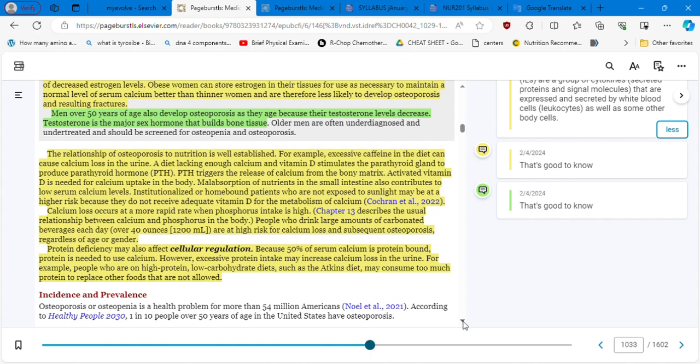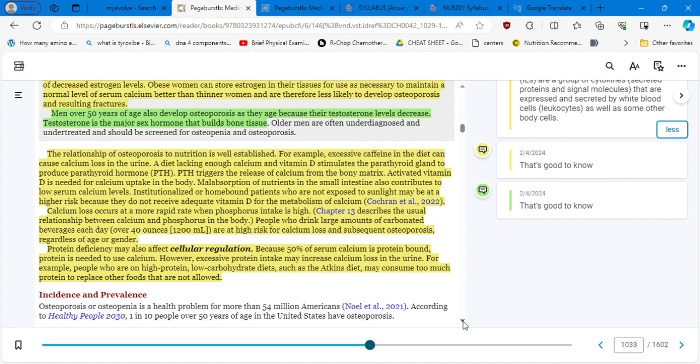So if you don't get your calcium and vitamin D, you are going to stimulate the parathyroid hormone. Parathyroid hormone triggers the release of calcium from the bony matrix to the serum. Okay, activated vitamin D is needed for calcium uptake in the body. Malabsorption of nutrients in the small intestine also contributes to low serum calcium levels.